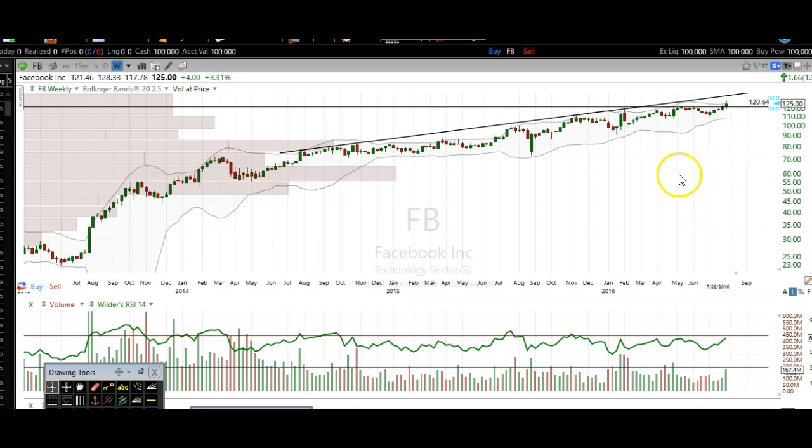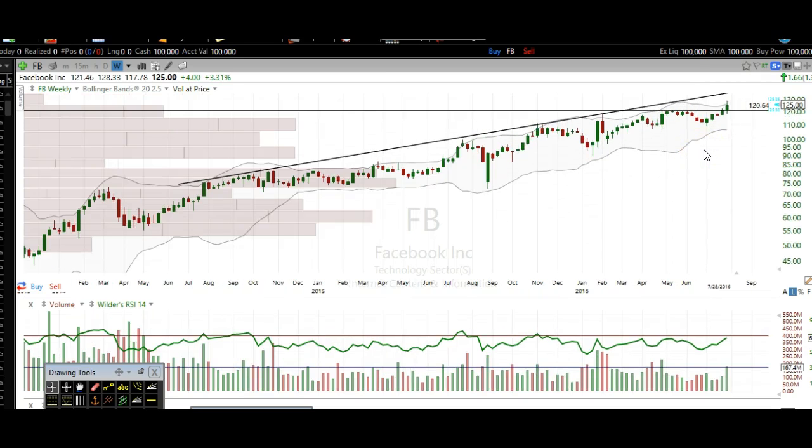So just be aware that if we do make our way up to that point, we could run into that level again, and that'd be a good place to potentially take some profits and then reload lower.